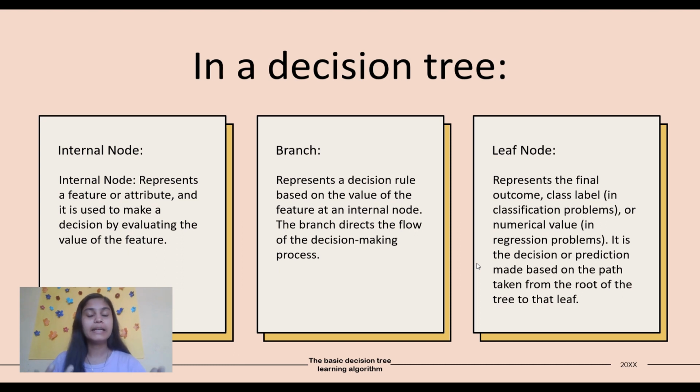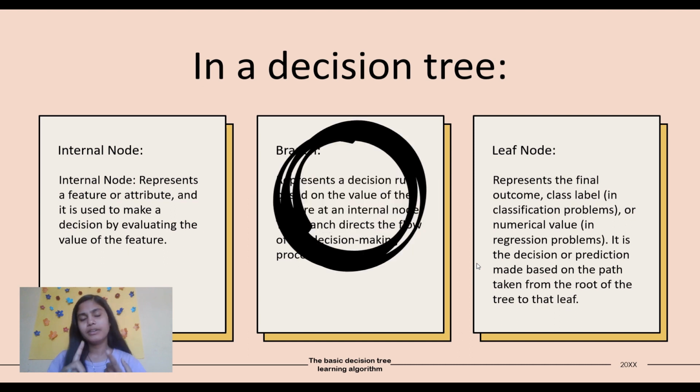Now, what things are there in decision tree? We have the internal node, we have the branches, and we have the leaf node. So let's see what these things are. The internal node represents a feature or attribute, and it is used to make a decision by evaluating the value of the feature. As we discussed in previous videos, attributes have many values.